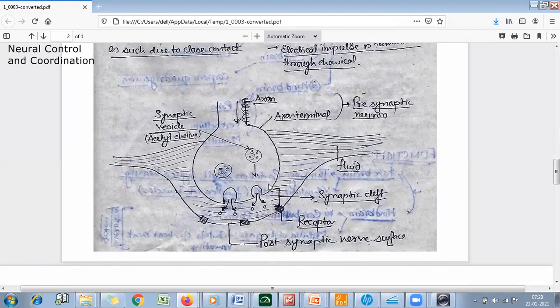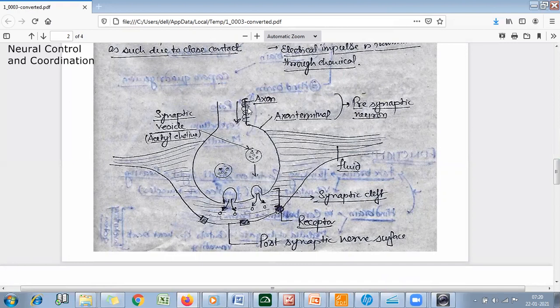So this is the end of one neuron, and this is the muscle. So we will see how the electrical impulse is converted into chemical, and again the signal is transferred from the axon to this muscle.